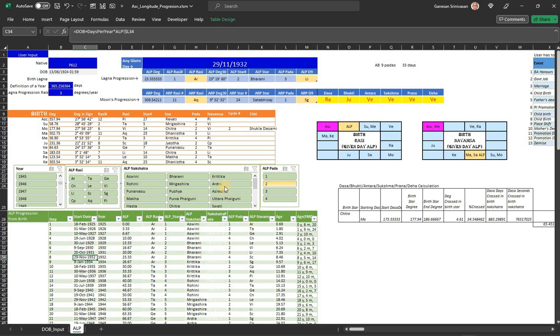So this is the second cycle. I am marking the cycle, which means Ashwini to Aslesha is the first cycle of nakshatras. The second cycle is Makam to Jyeshta, and from Moolam to Revati is the third cycle, I would call it.